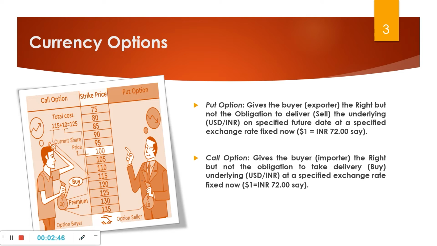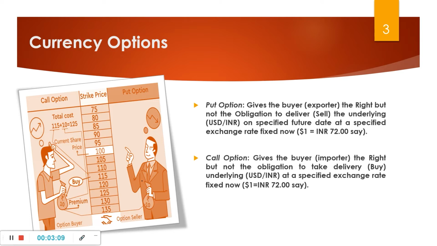One key characteristic of an option contract is the agreed upon price, known as the strike rate or exercise rate. The strike price is the predetermined price at which you buy in case of a call or you sell in case of a put an underlying future contract when the option is exercised.